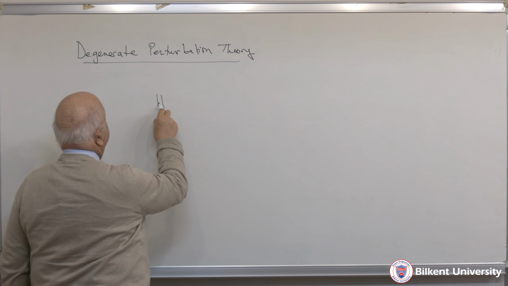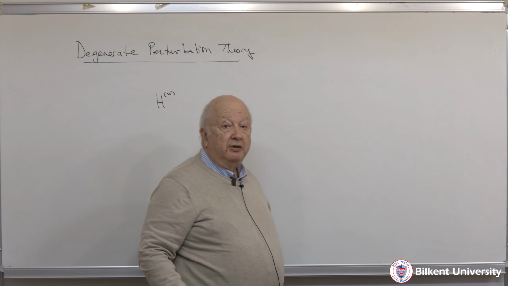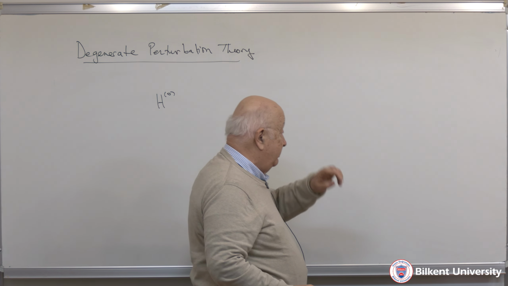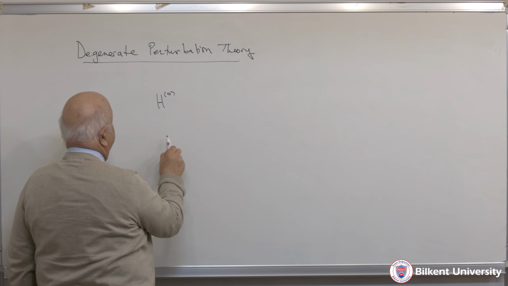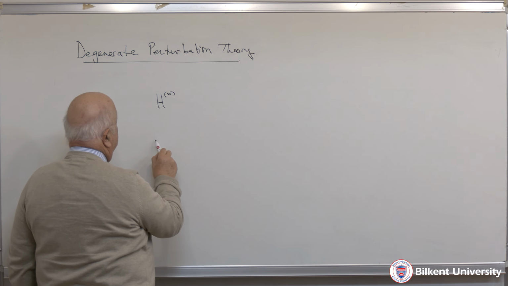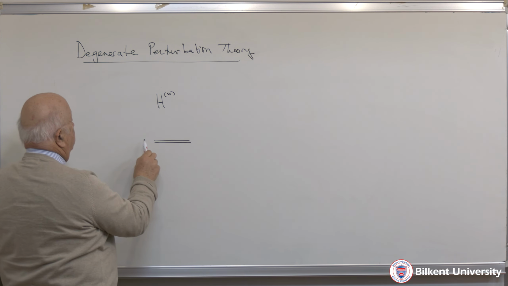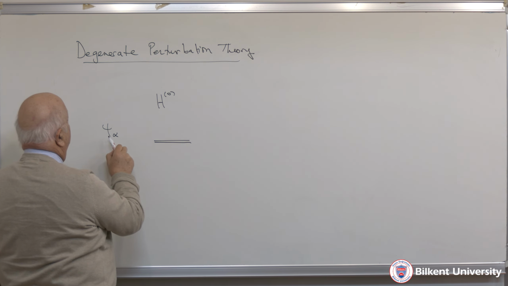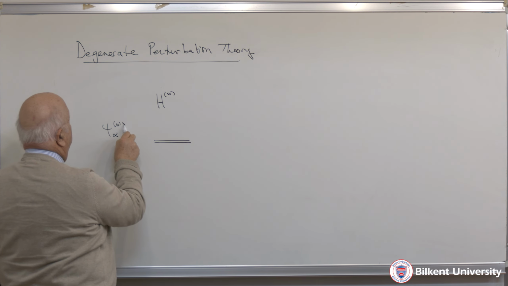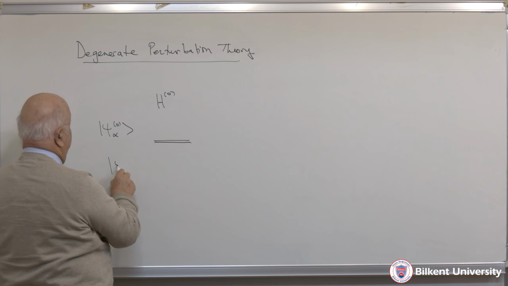We have this H0, and we find out that we have two or more, in general, eigenstates. I'm going to call them psi alpha 0 and psi beta 0.